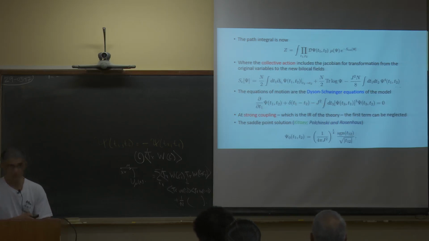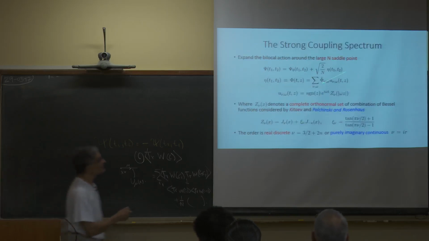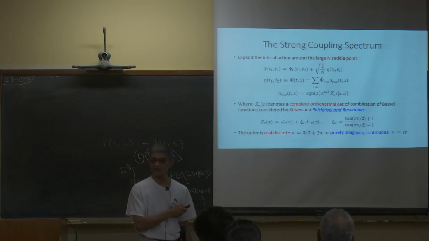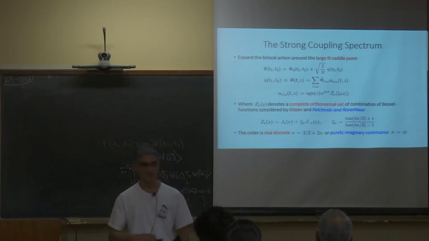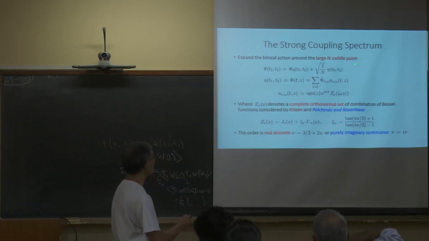So, what you have got to do is to take a fluctuation around that saddle point, expand the action and compute various quantities that would generate the large N expansion of the theory. So, I have written down that split, and then I take that fluctuation and write it in terms of suitable modes.